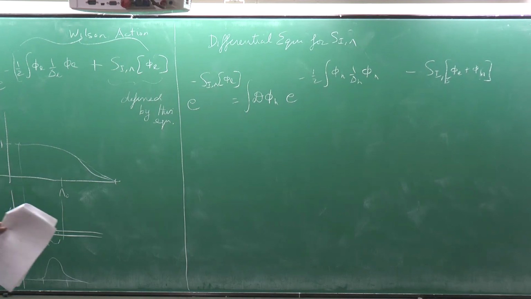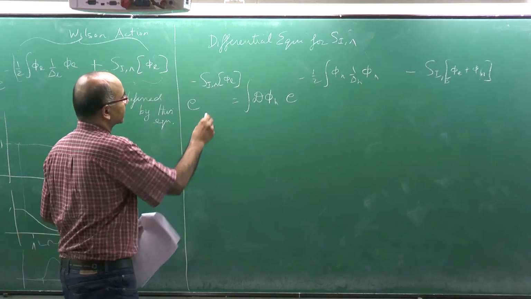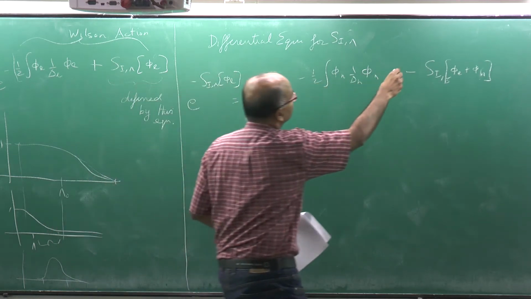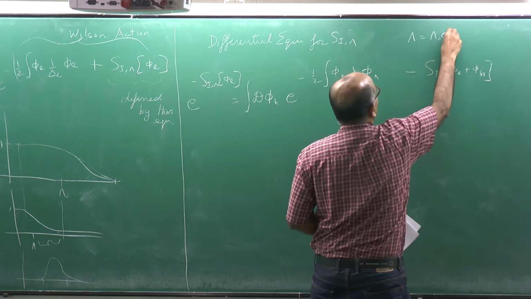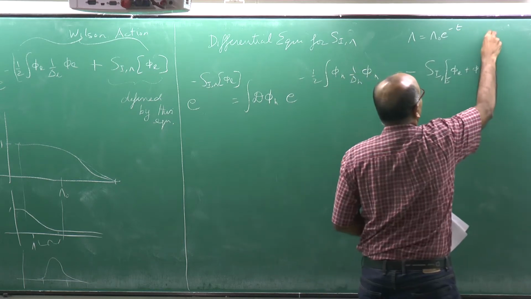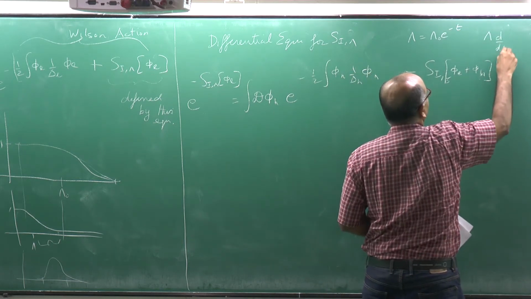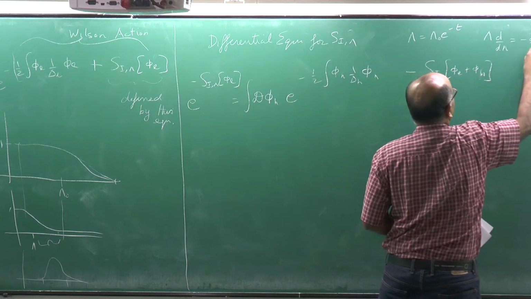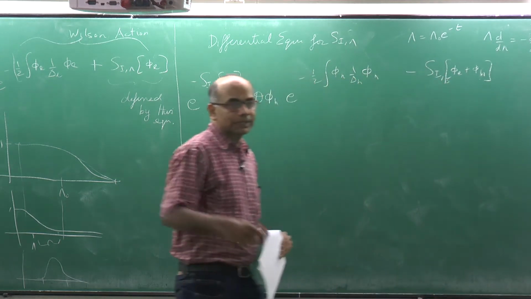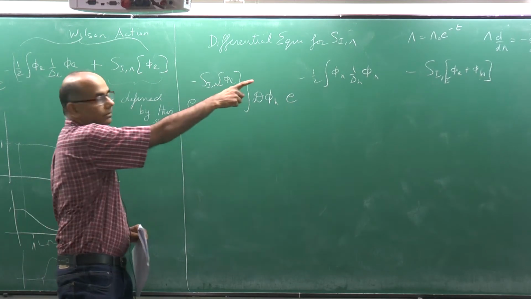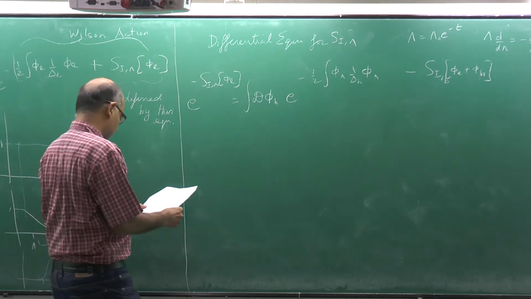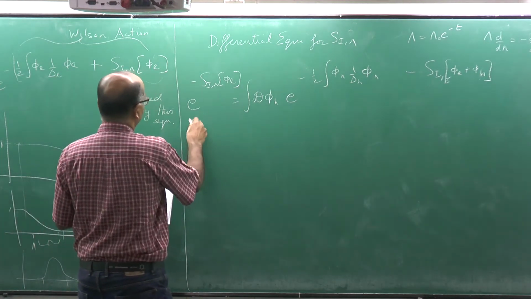So now what I'm going to do is to differentiate this. So we'll define lambda as lambda naught e to the power minus t, so that lambda d/d lambda is minus d/dt. So t is in the direction of decreasing lambda. So we just differentiate this with respect to t. Or you can do lambda d/d lambda.